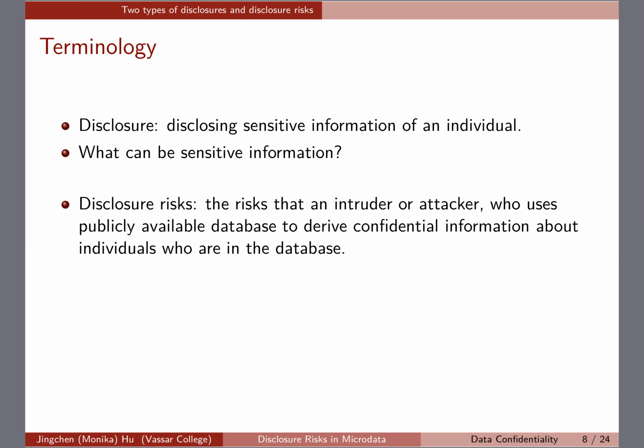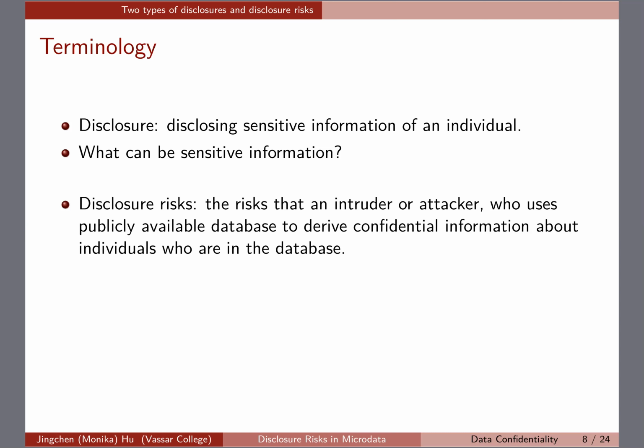Let me slow down here a little bit. Disclosure is disclosing sensitive information. But the risk, we define it as when a bad guy out there is trying to find something that is not directly publicly available, but can be derived based on what you have, like identity, like what we were just talking about. That will be disclosure risk.